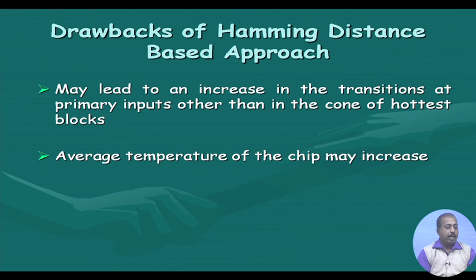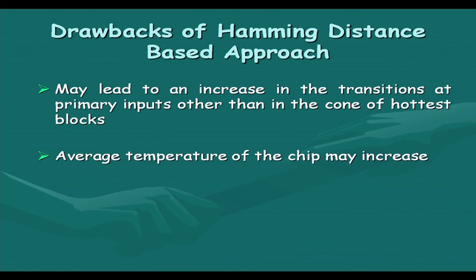But the problem in this case is that it may lead to an increase in transitions at primary inputs other than in the cone of the hottest block. Since we have this weight factor, which helps the high temperature blocks reduce their temperature, in effect it can increase the transitions at primary inputs which are not feeding the hottest cone but some other cone, and as a result that new cone becomes hotter than this one.